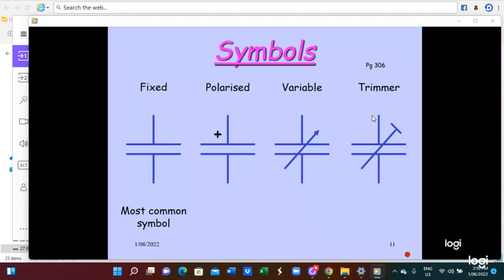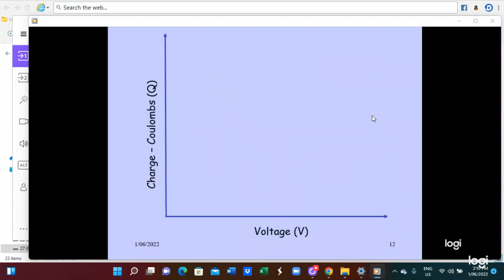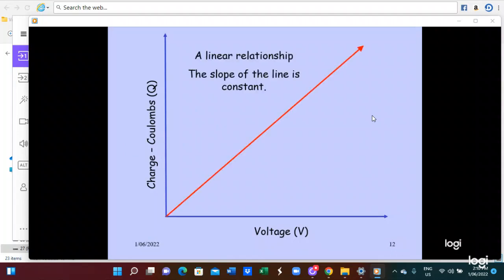So there is the voltage and charge characteristic. When the voltage increases, the electric charge will increase. So this is delta Q by delta V, this is the farad. This is the capacitance you can calculate this way.